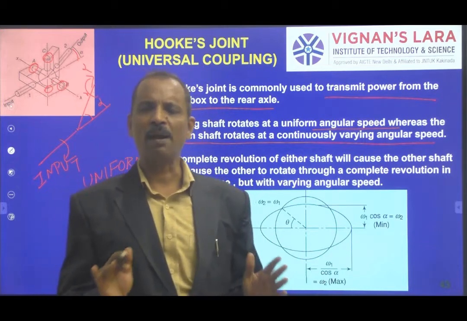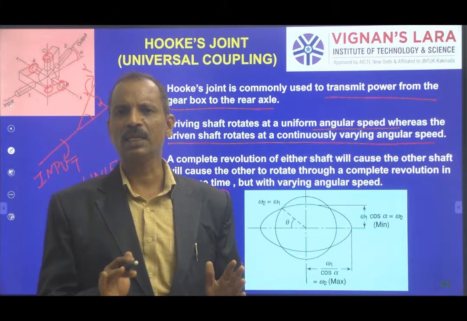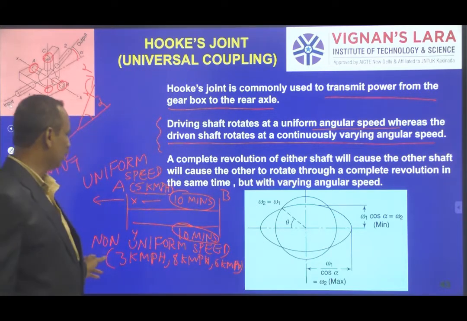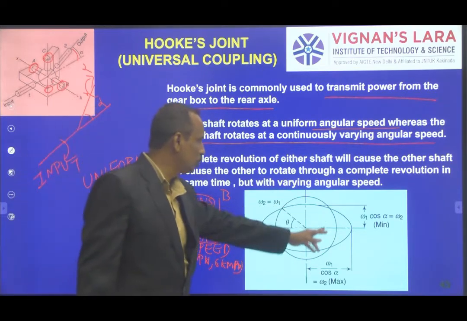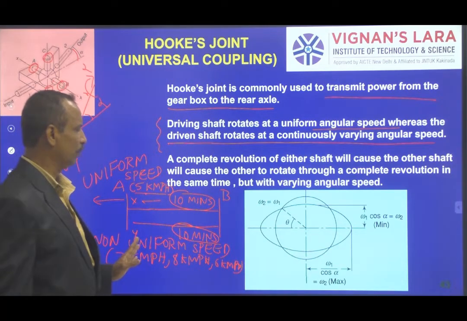But both of them have completed the same task in the same time. The difference is that one has moved with a uniform velocity and the other has traveled with different velocities. That is what you can observe here in a polar diagram.